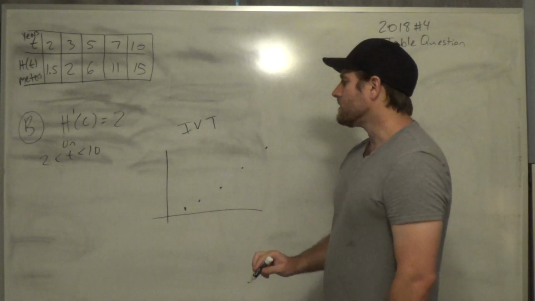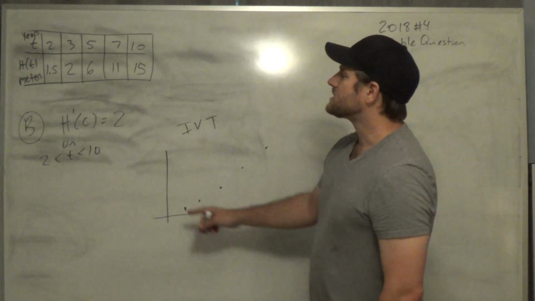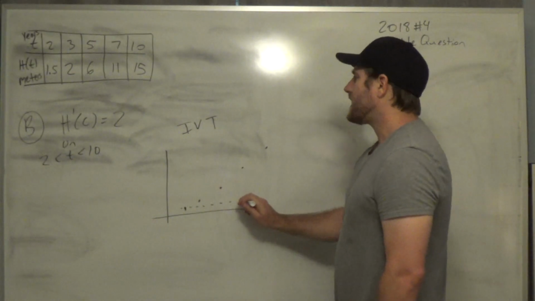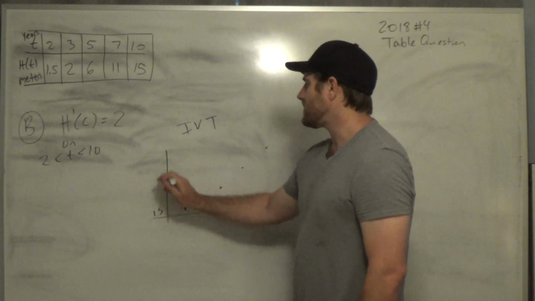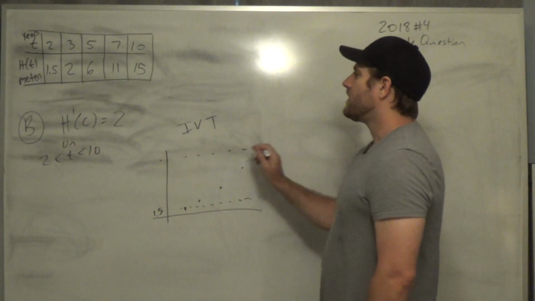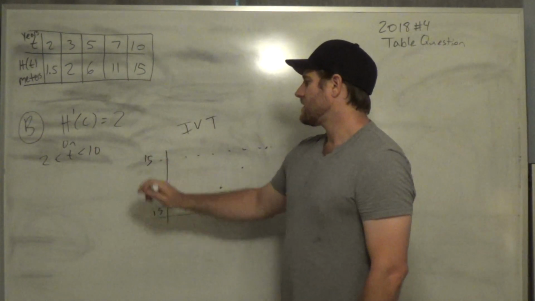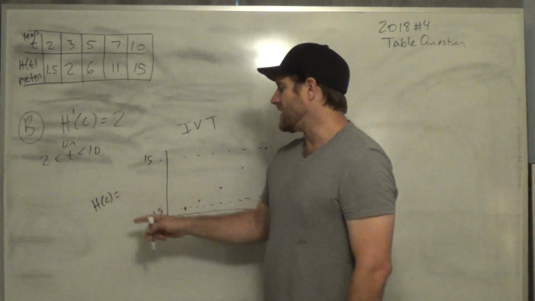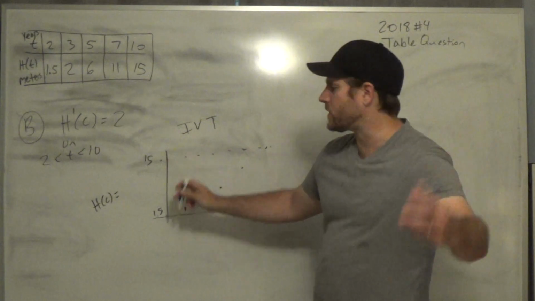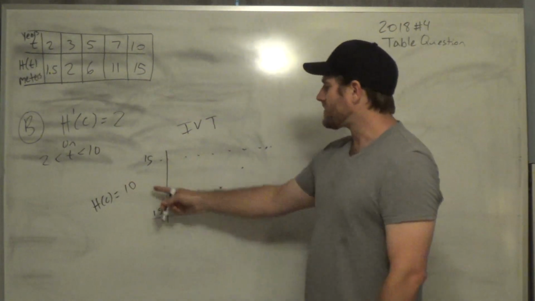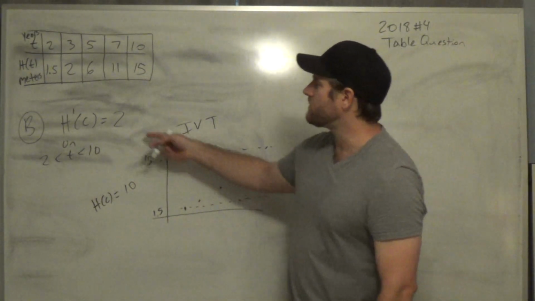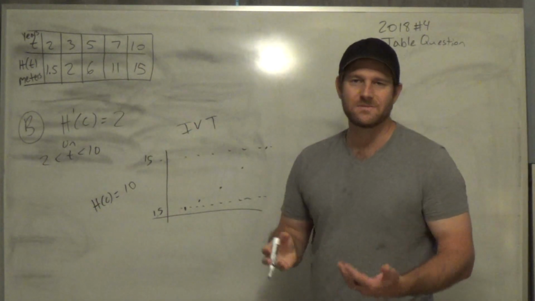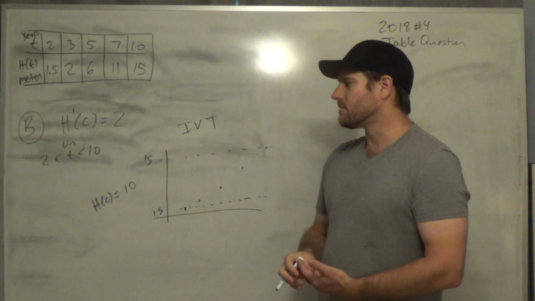The way the intermediate value theorem would work is, since this is the graph of height, we could prove that if right now the height's at 1.5 and later on up here the height's at 15, h of c would have to hit a height of, pick any number in between, 10. It'd have to hit a height of 10 because 10 is between these two, so it'd have to hit a height of 10 between time 5 and time 7.